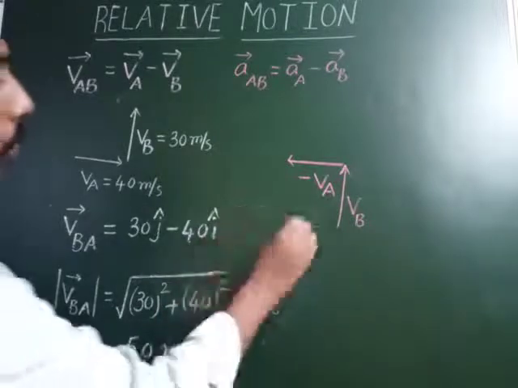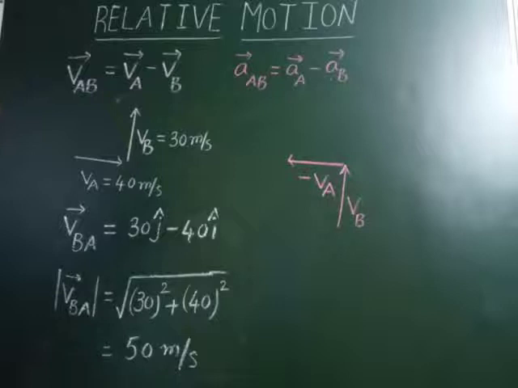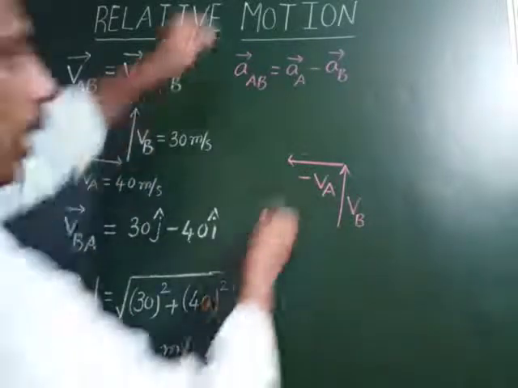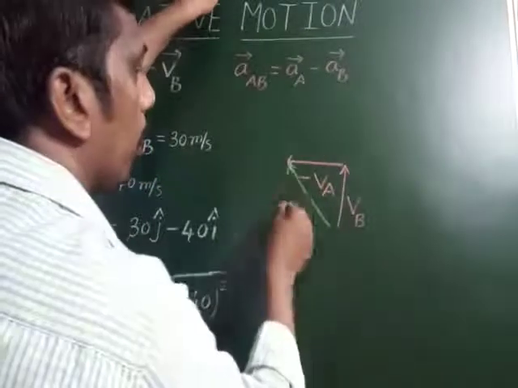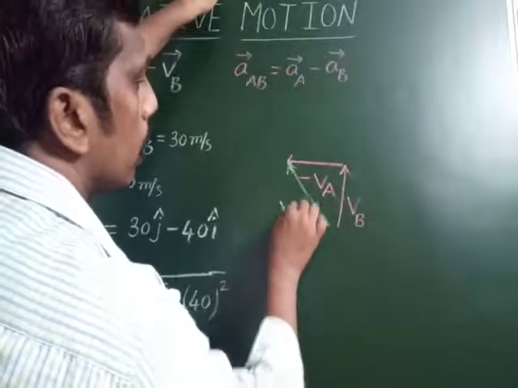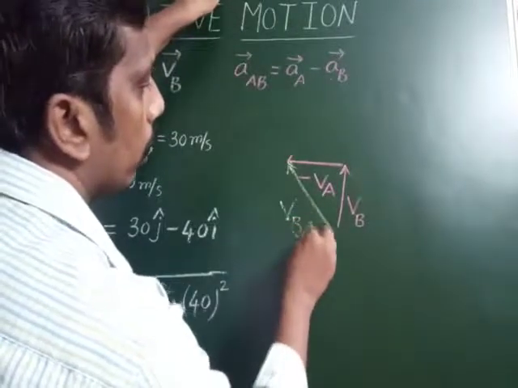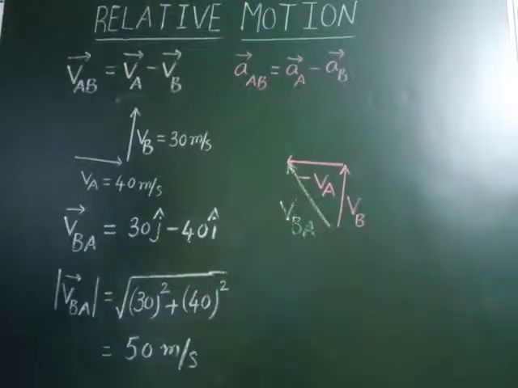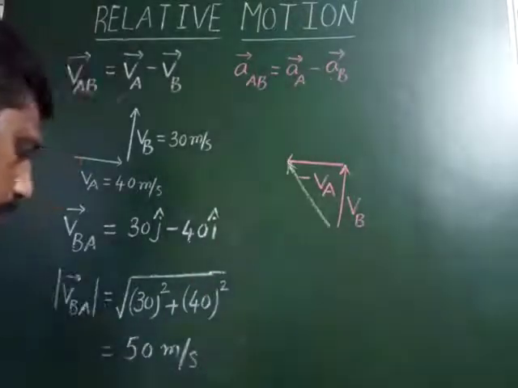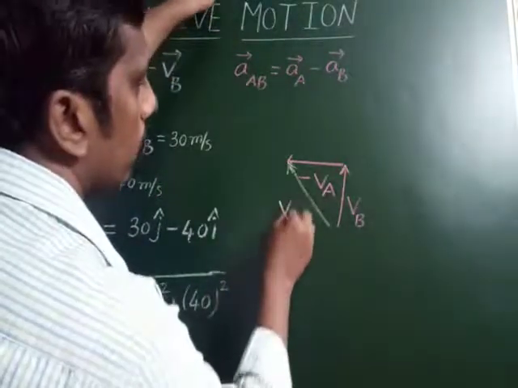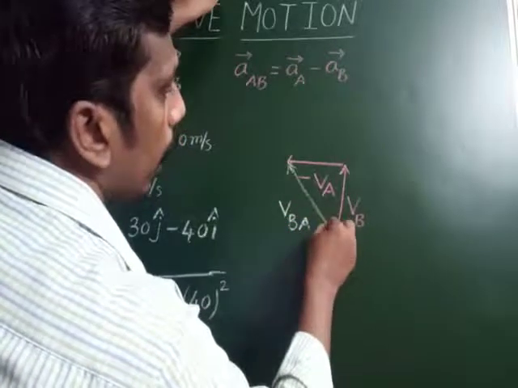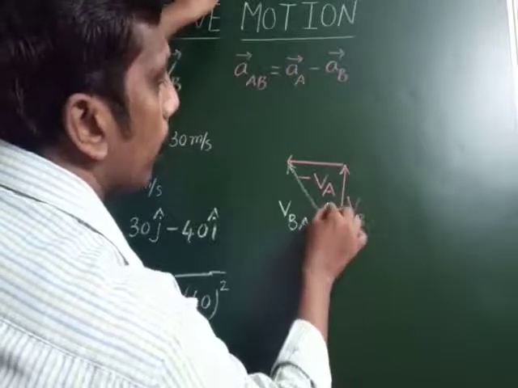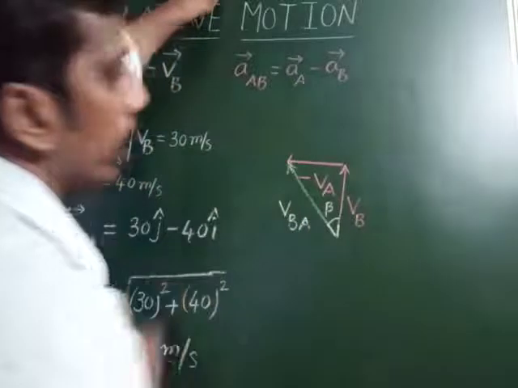Then the resultant velocity VBA is given by the closing side of the triangle, but in the reverse direction. So this vector gives the velocity of B with respect to A. Now this VBA is making an angle beta with VB.